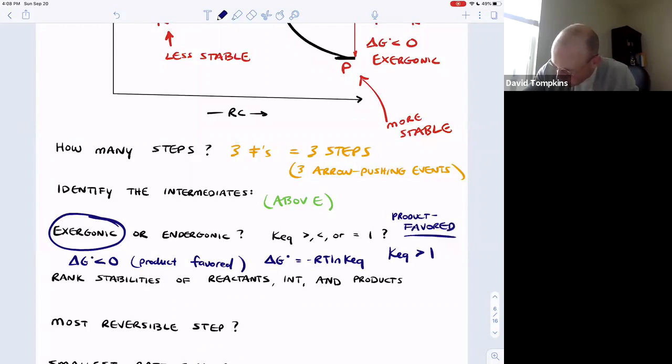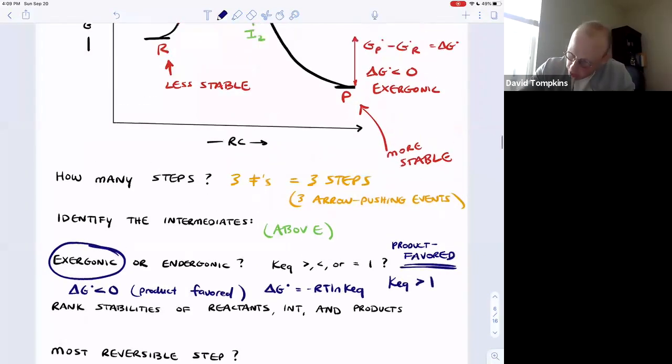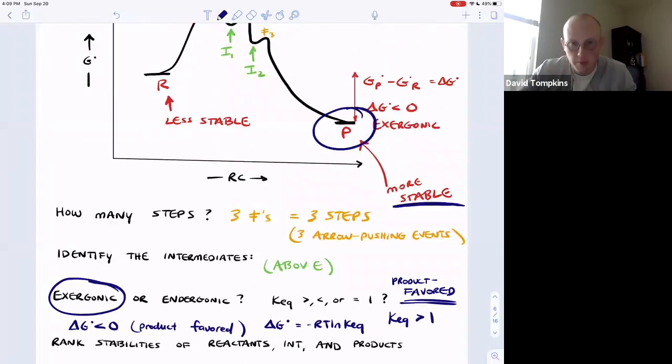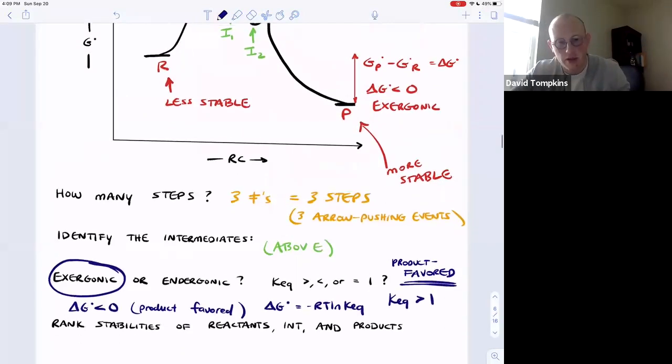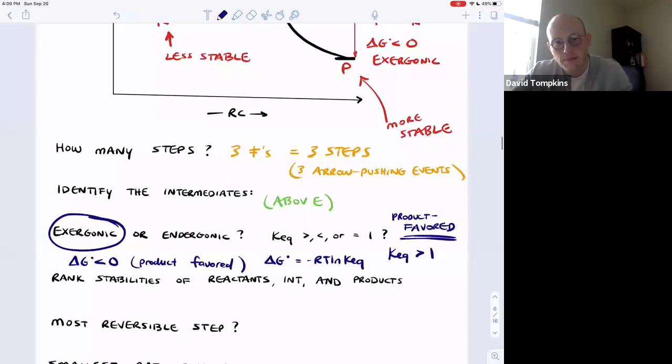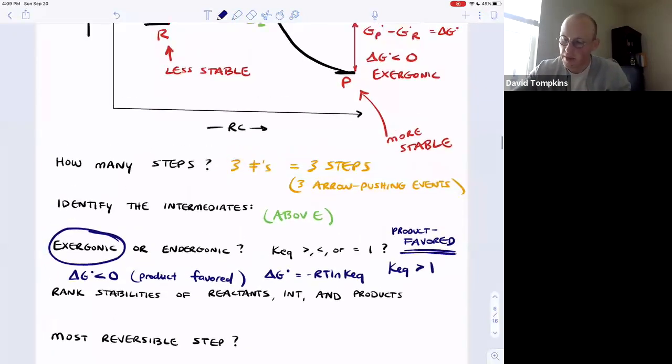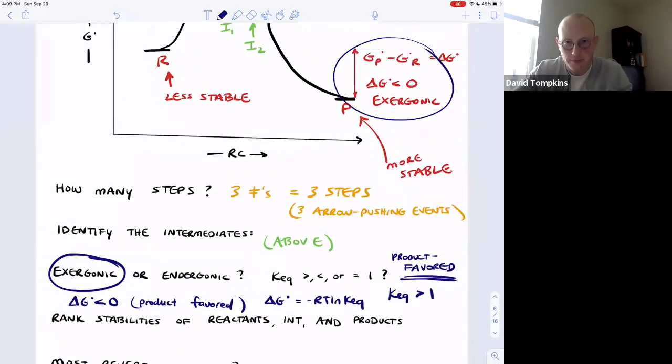So equilibrium is another way of saying which side is lower in free energy. The side that's lower in free energy, that's more stable, the products will be more abundant, or the equilibrium will favor the right. So we get that from the thermodynamic parameters, okay?